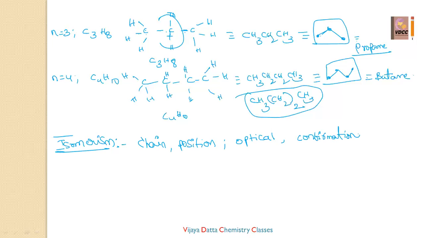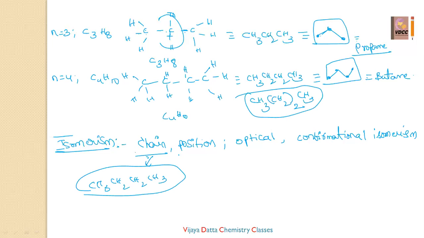See here, what is meant by conformational isomerism? Which types of isomerism are they showing? Chain isomerism. Example: suppose I am taking CH3, CH2, CH2, CH3. This is the chain isomerism. Positional isomers and chain isomers are both the same here, so we can take any one. With chain isomerism, the molecular formula is the same, C4H10.